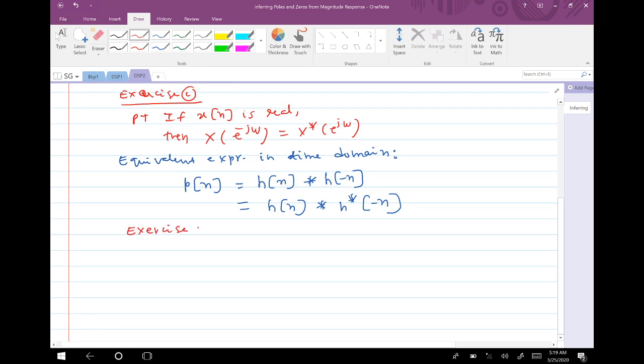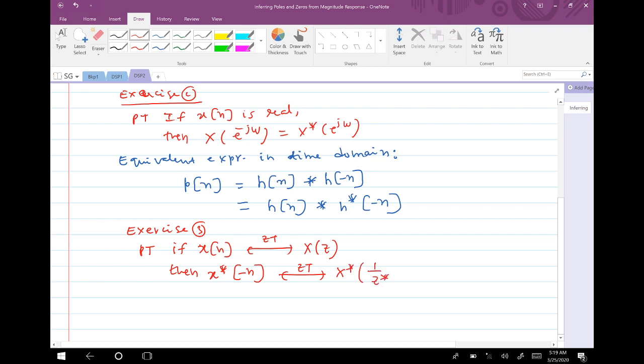As the third exercise, prove that if the z transform of x of n is X of z, then the z transform of x conjugate of minus n would be X conjugate of 1 by z conjugate.